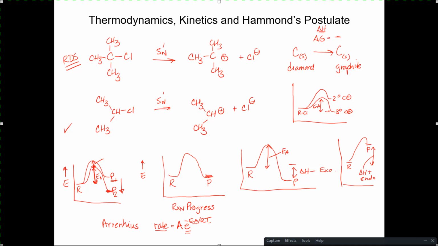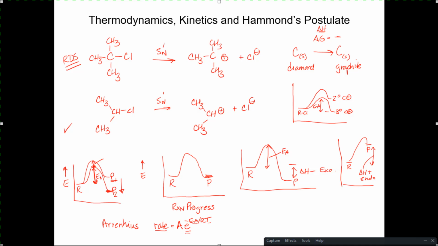But this is the rate determining step. So forming the more stable carbocation is going to occur faster than forming the less stable carbocation. So that's how we interpret Hammond's postulate within organic chemistry and within SN1 reactions. So that's the relationship between thermodynamics and kinetics.